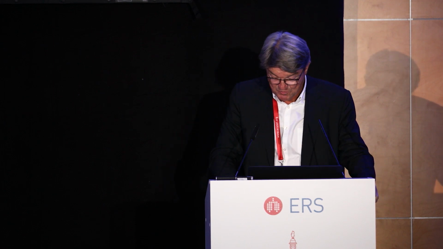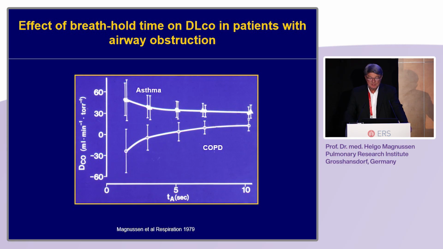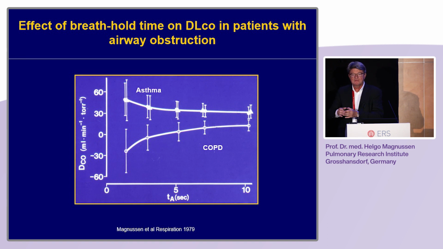And this is very important because you need time for mixing. And many years ago, we have done some experiments showing that in patients with emphysema, the breath holding time is critically important for measuring a real diffusion capacity.